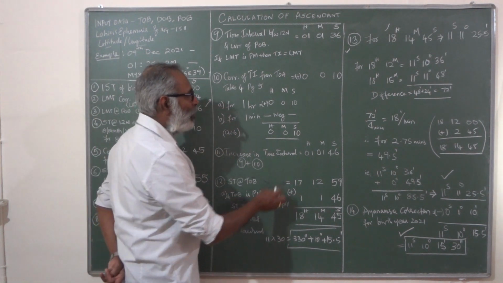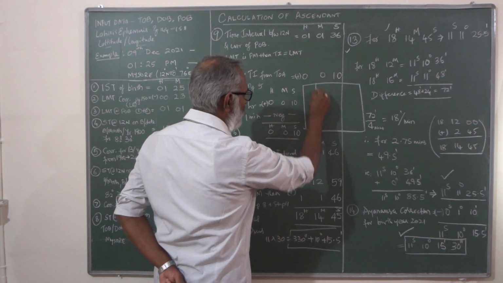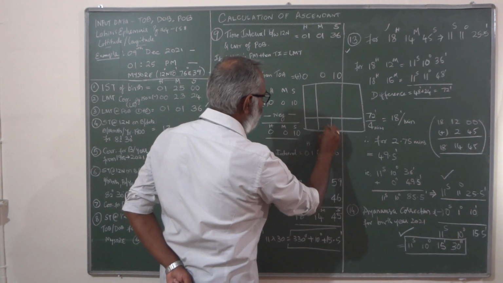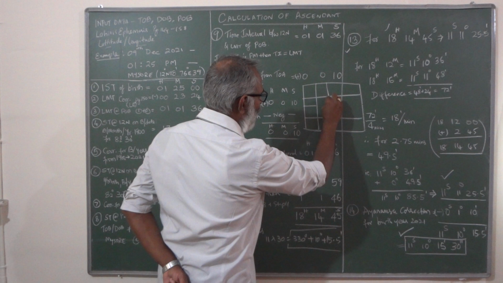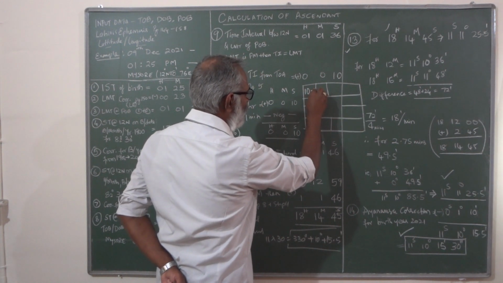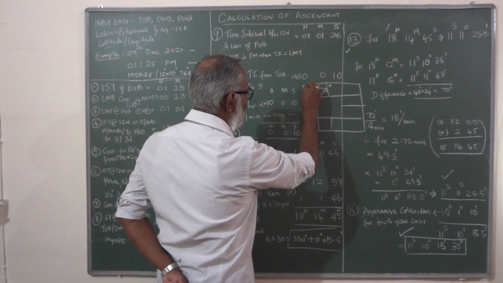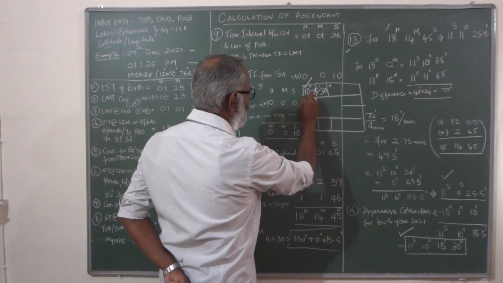So that is why this ascendant will be falling in the sign of Pisces at 10 degrees, 15 minutes and 30 seconds. It will be in the sign of Pisces.